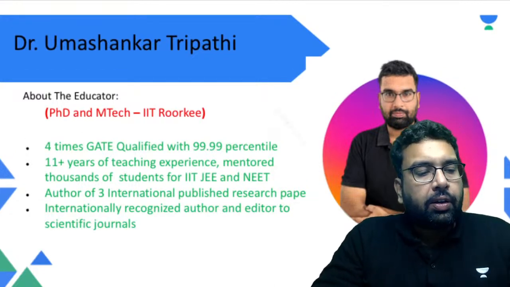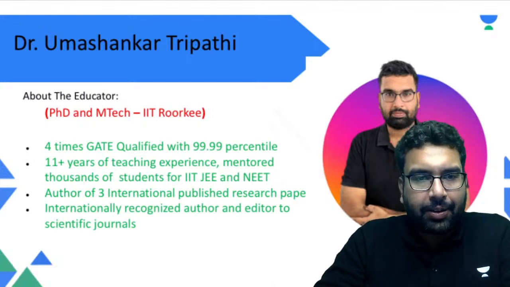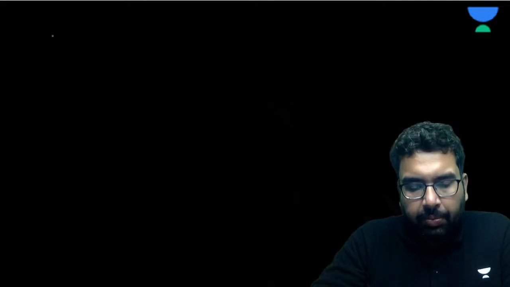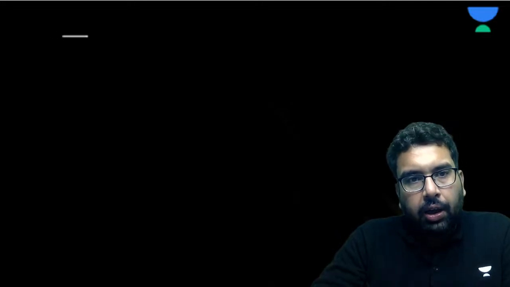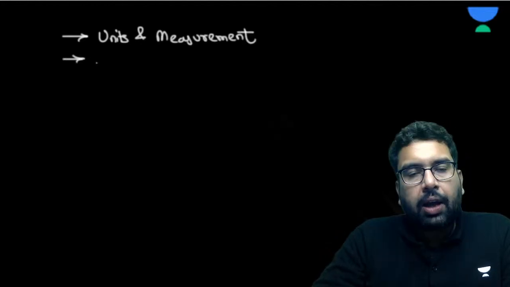In this session, we'll be having a revision of the 4 chapters. We'll be talking about the chapter of units and measurement, that is your second chapter of class 11 physics.